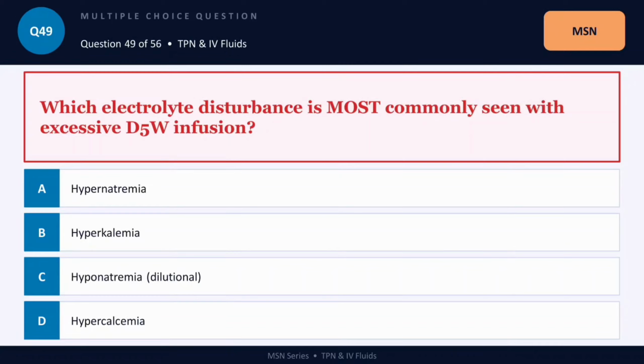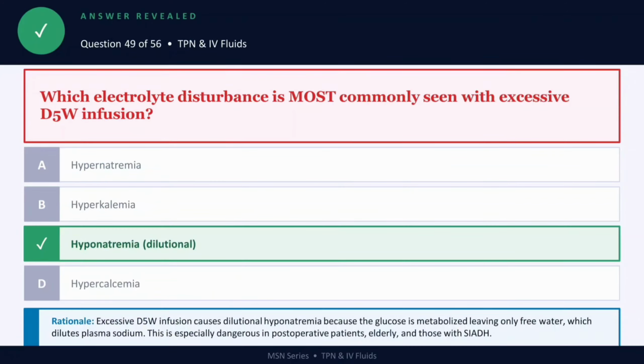Question number 49. Which electrolyte disturbance is most commonly seen with excessive dextrose 5% in water infusion? Option A. Hypernatremia. Option B. Hyperkalemia. Option C. Hyponatremia. Option D. Hypercalcemia. The correct answer is option C. Hyponatremia.